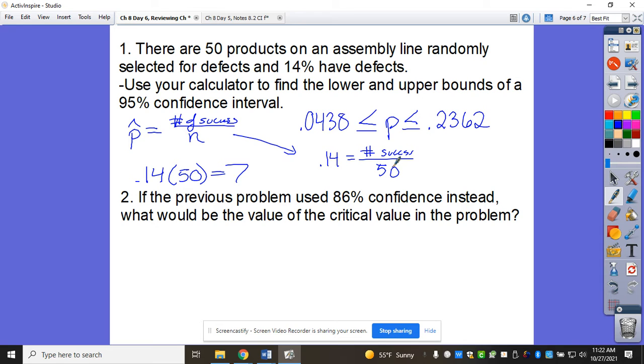So what would I do here? 1 minus 0.86. So how much is in each tail? I did 100 minus 86, which gave me 14%. 14 divided by 2 gave me 7%.